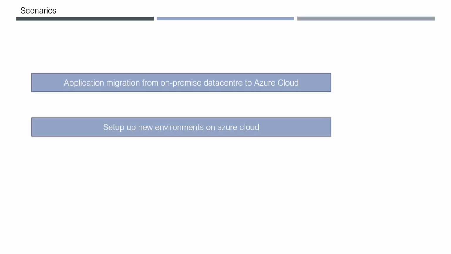That means they might have applications running from their data centers, but because of the cost issues or to reduce the workflows, they are moving to the cloud. So you have the application migration happening. In those cases, you can implement this infrastructure as code using ARM templates if it is Azure Cloud, so that you are deploying your applications using DevOps and you are creating your infrastructure using infrastructure as code DevOps.